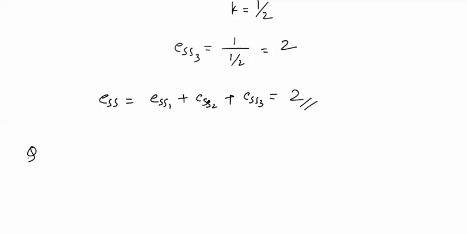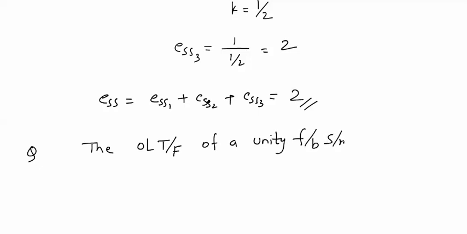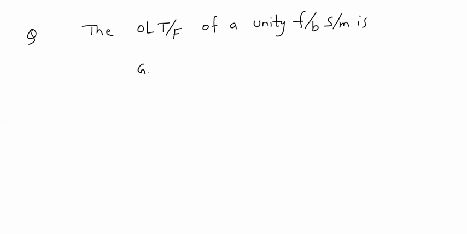So the next, okay, let us consider this problem, that the open loop transfer function of a unity feedback system is G of S is equal to K by S into S plus 1 into S plus 2.